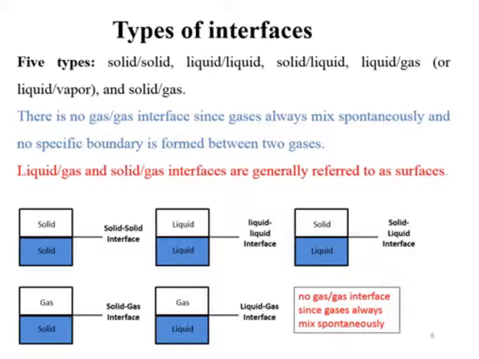In the first there is solid, in the second there is liquid, and in the third there is solid and liquid. But in our fourth and fifth types, there is a common phase, gas, with solid in the fourth type and gas with liquid in the fifth type. We can see that the gas phase is common.